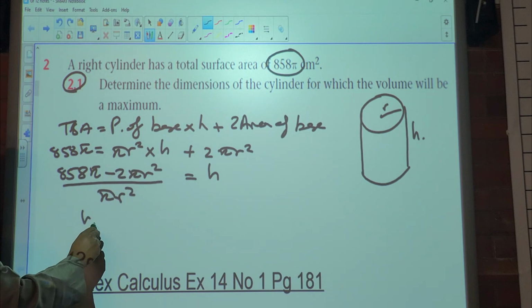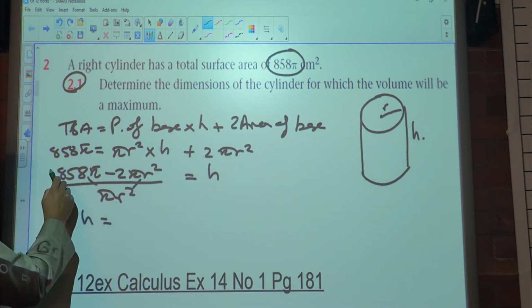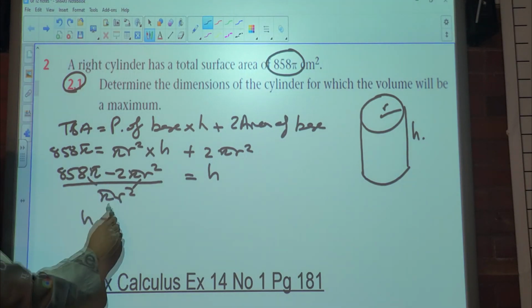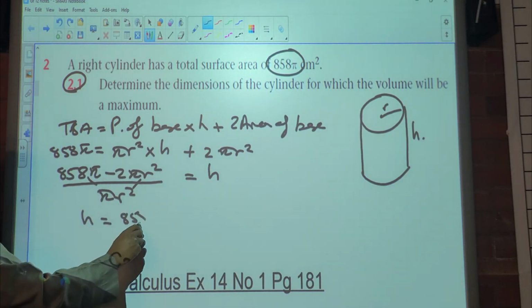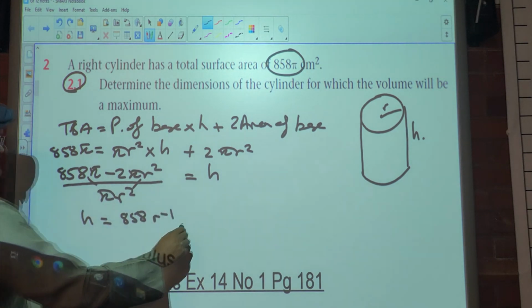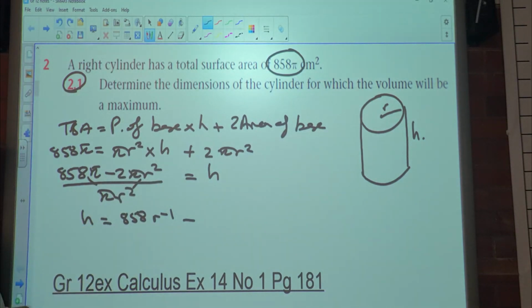I'm just going to tidy this up a bit. So h is equal to 858 pi over 2 pi r, minus 2 pi r squared over 2 pi r.